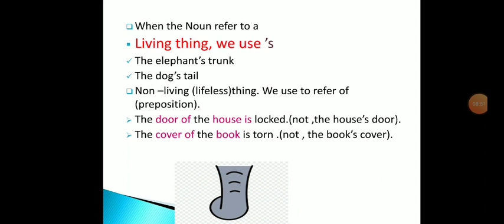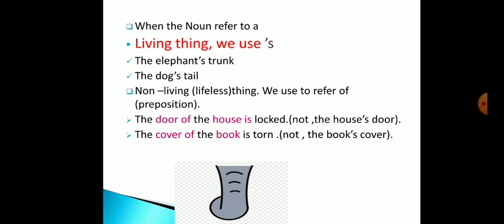When we are talking about a living thing, we use apostrophe s. When we are talking about a non-living thing, we do not use apostrophe s, we use of.